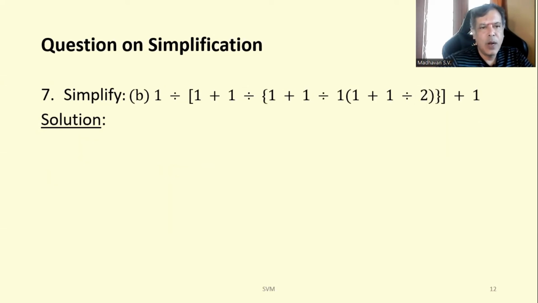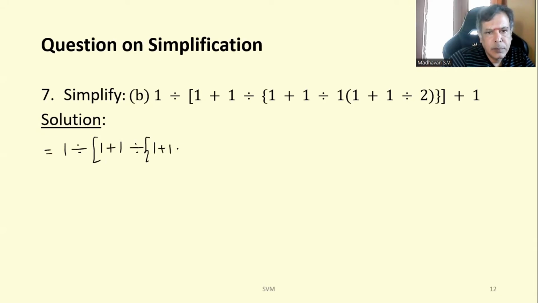Simplify 1 divided by 1 divided by, let us rewrite this. First, we will focus on the innermost brackets or innermost parentheses. So we will write the rest as it is. This 1 by 2 will write like this. 1 divided by 2 will write like this.